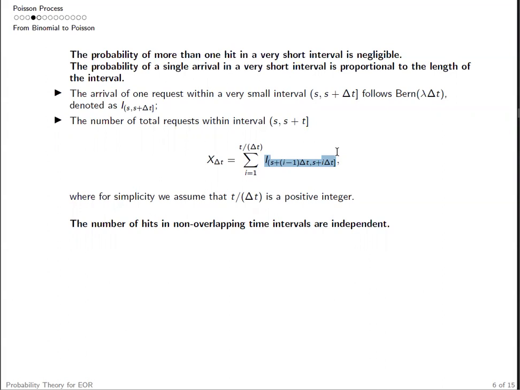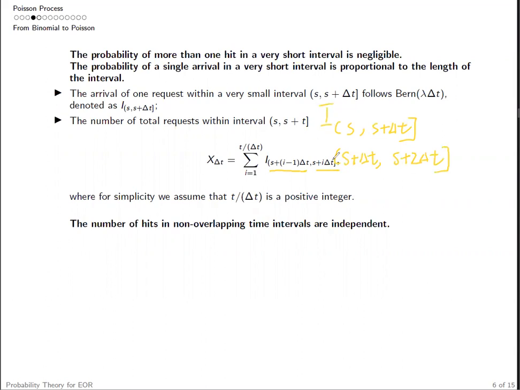distributed random variables, right? Each indicator random variable here follows the Bernoulli distribution with success rate of lambda times delta t, right? The first one denotes the number of requests in the first interval, and the second one starts with s plus delta t, half open, and then s plus 2 times delta t, half closed.